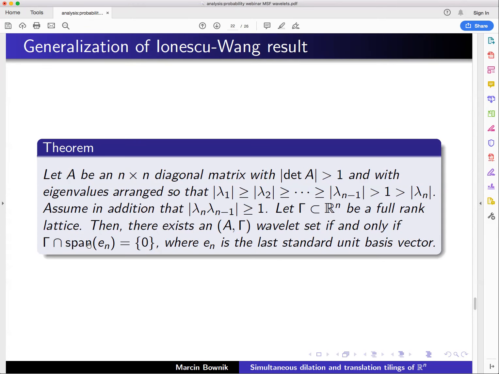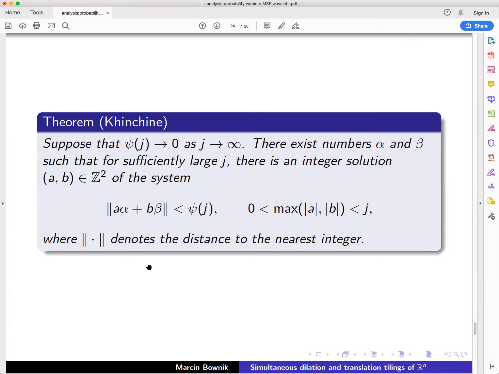But okay, so now the other example, maybe this is the last example I wanted to show. First, let me remind you of the result of Khinchin. It's a classical result in Diophantine approximation that tells you the following. Suppose you have psi j, a function that goes to 0 arbitrarily fast. Then what Khinchin showed is that you can find numbers alpha, beta which are very far from being algebraic. I mean, they have to be transcendental.